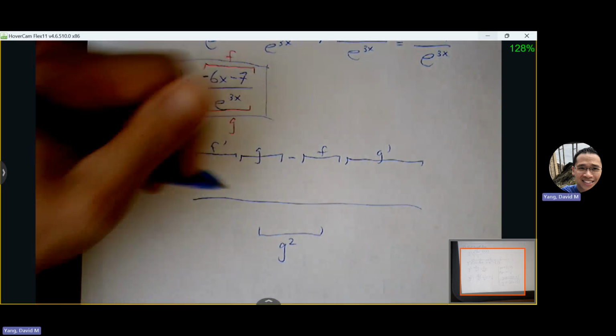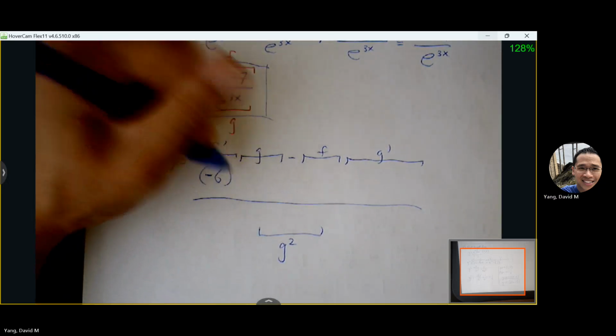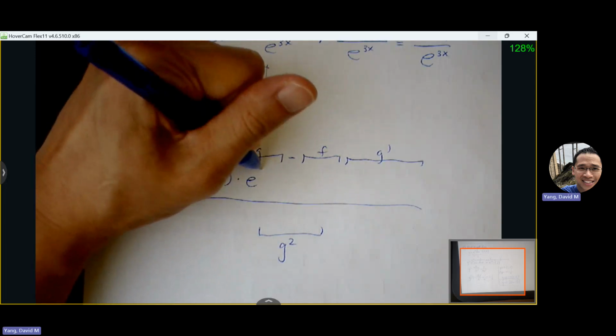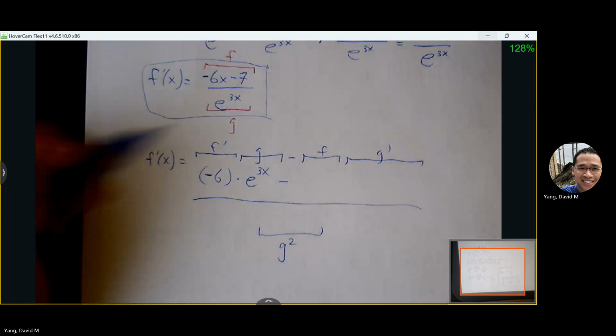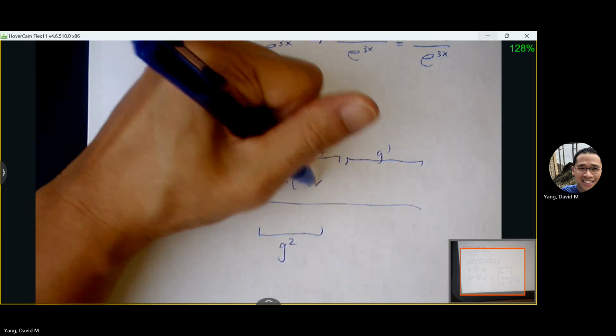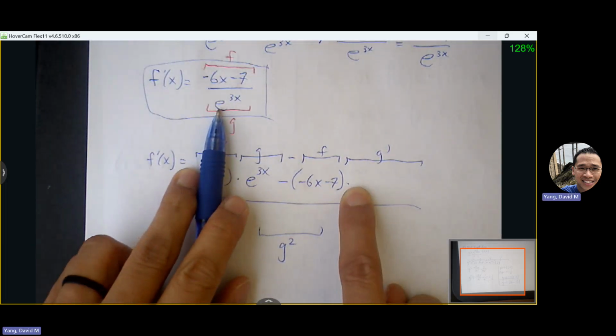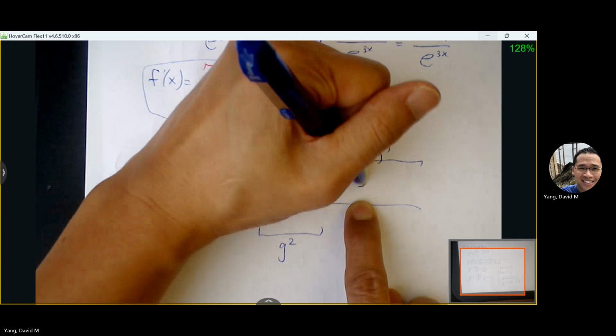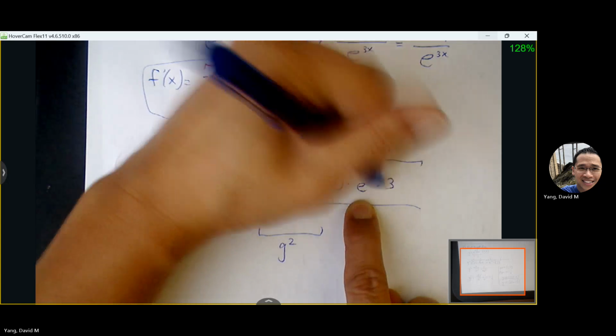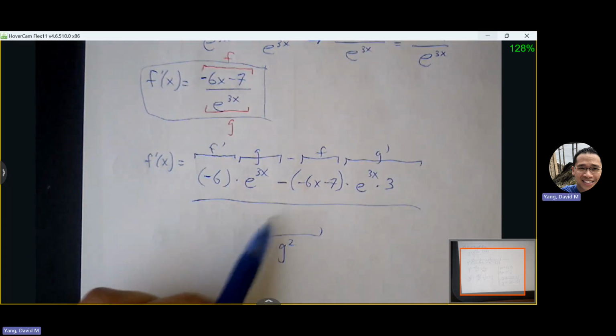Okay. F prime times g, back to f times g prime. E to the u becomes e to the u times u prime. All over denominator squared. Don't forget about that portion.